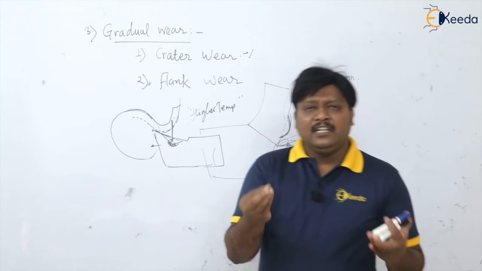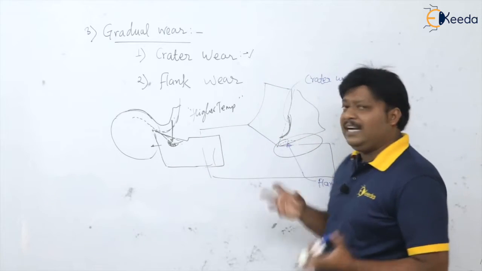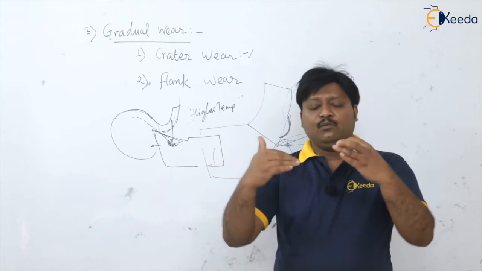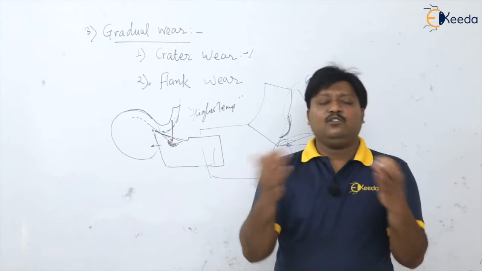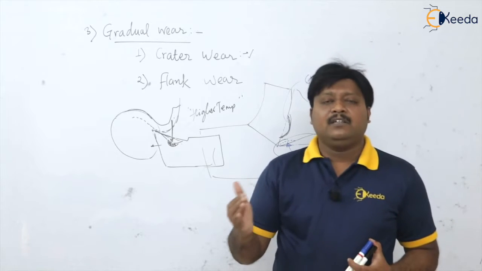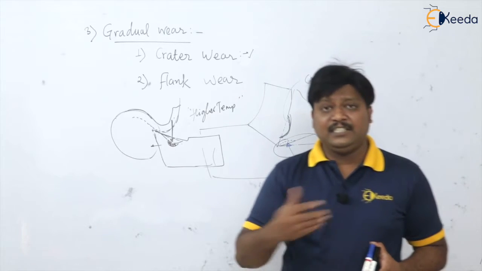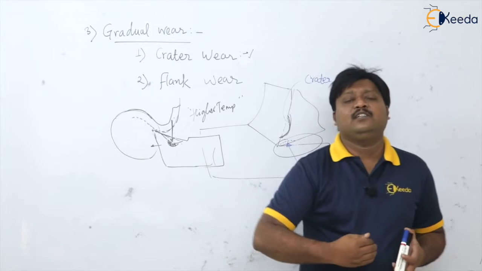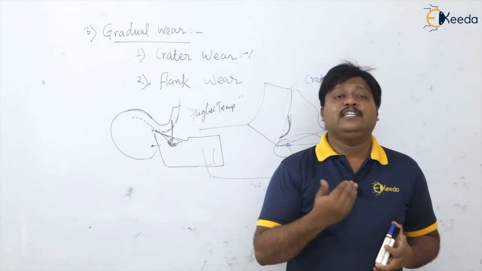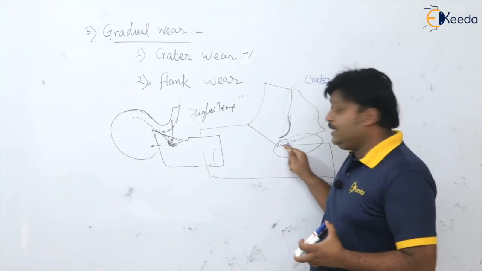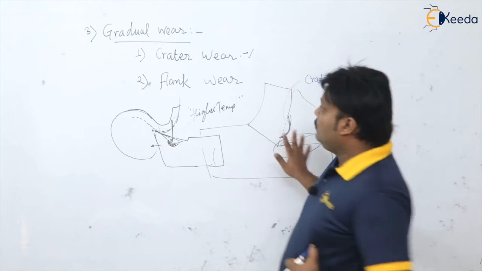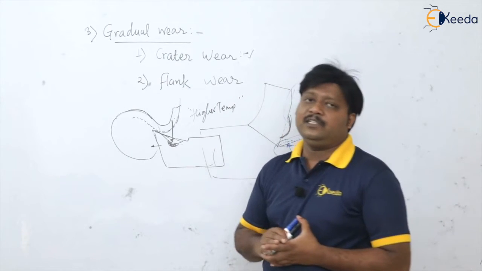Because of that adhesion, these microchips adhere to the surface of the tool on the flank surface, and because of the friction between the work and tool, these chips, not being a permanent joint, get removed. But along with this adhered chip, some tool material also moves with it, producing loss to the tool material. So this is the flank wear.